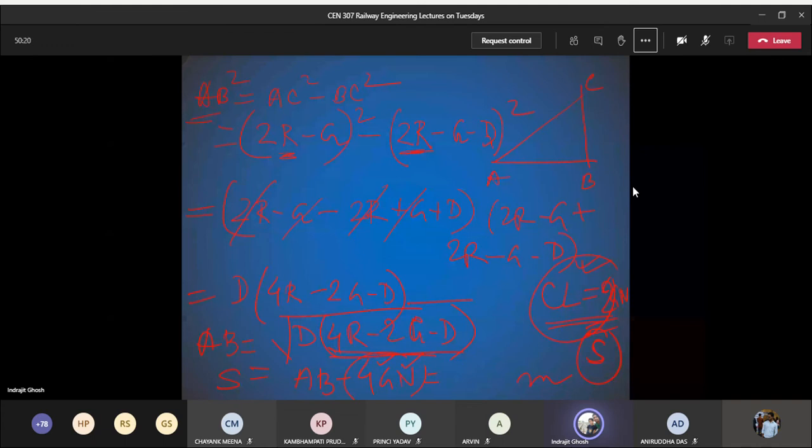So you will see that this AB is coming within the square root of D, then this is 2R1 plus 2R2 minus 2G minus D. Okay, that's the only change you will see.